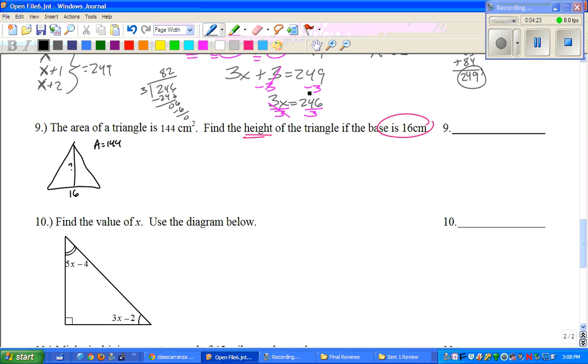Now, I believe it's the first review, area equals 1/2 base times height. So we have to start plugging in our numbers. Start plugging everything in. 1/2, 16 times the height.